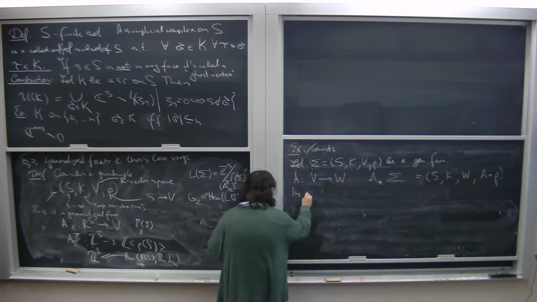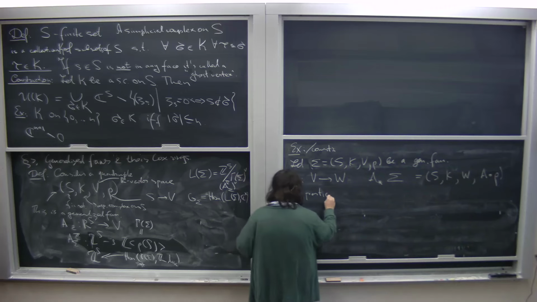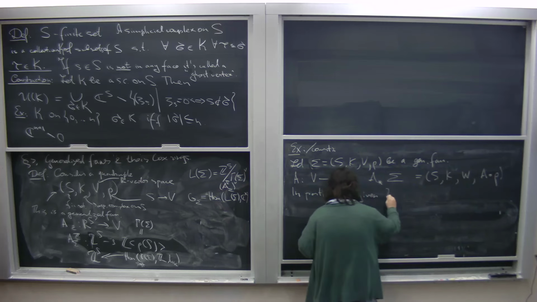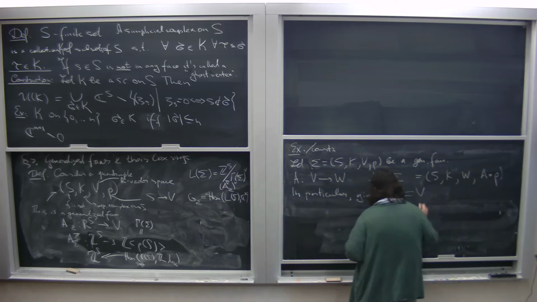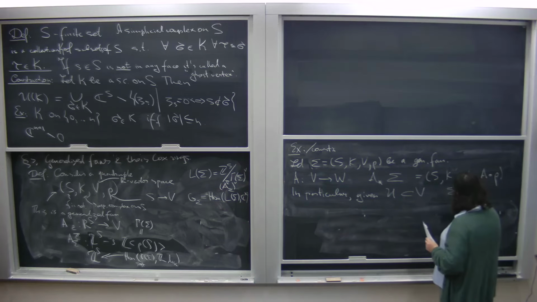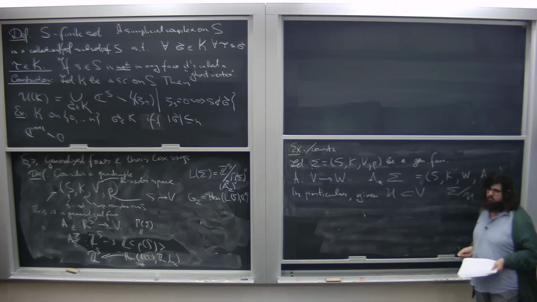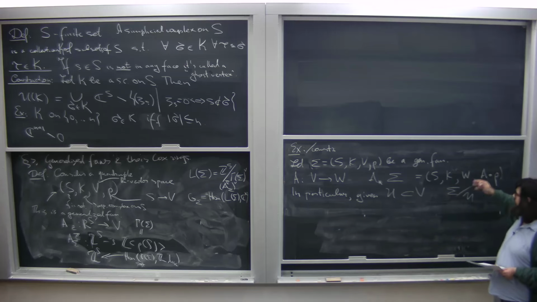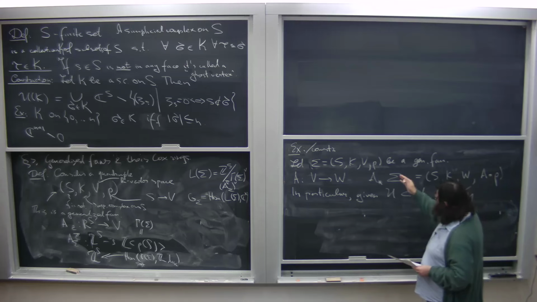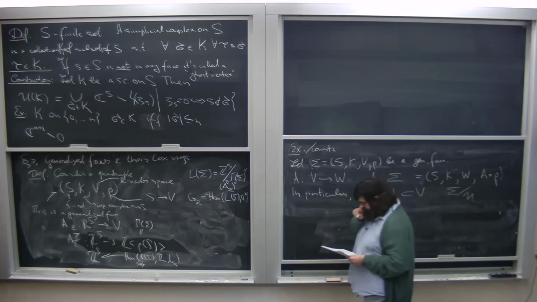In particular, given any subspace of V, we can project our fan along the subspace, and this will canonically be a generalized fan with the vector space being the quotient space.